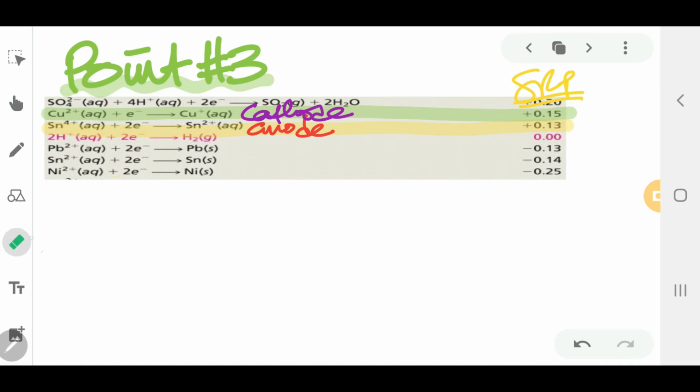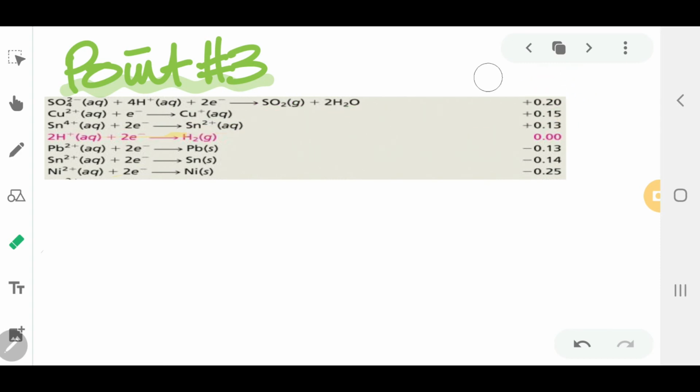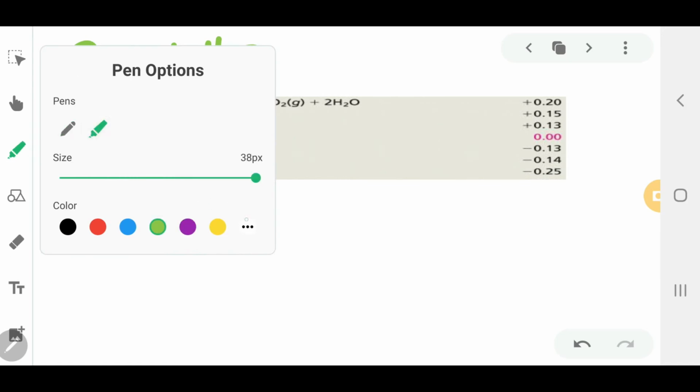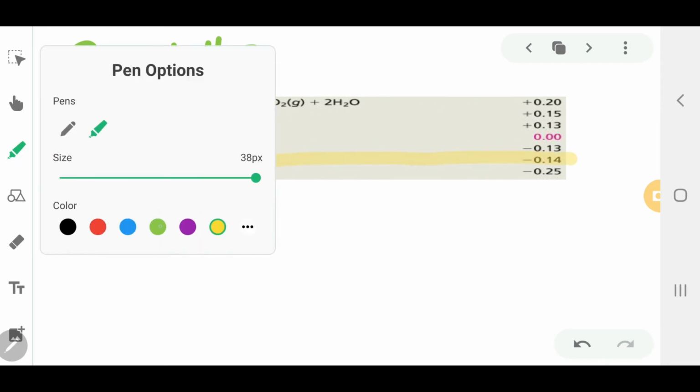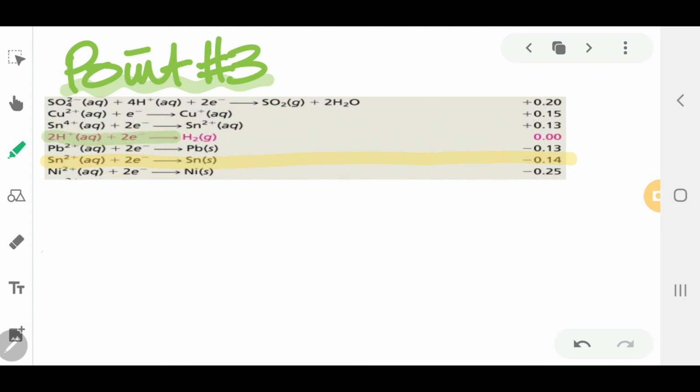So let's say if we want to try another one. Let's say if I want to build between tin over here and your hydrogen. Okay, so which one of these two half cells will be the anode?